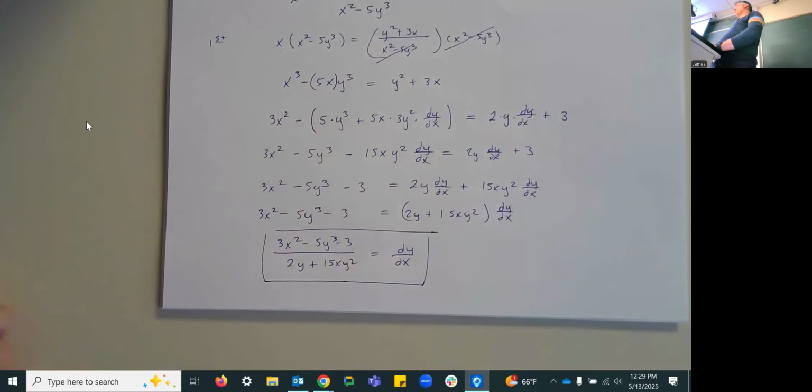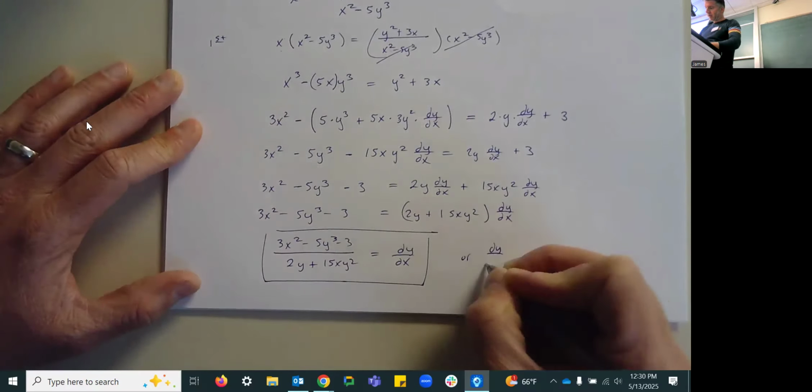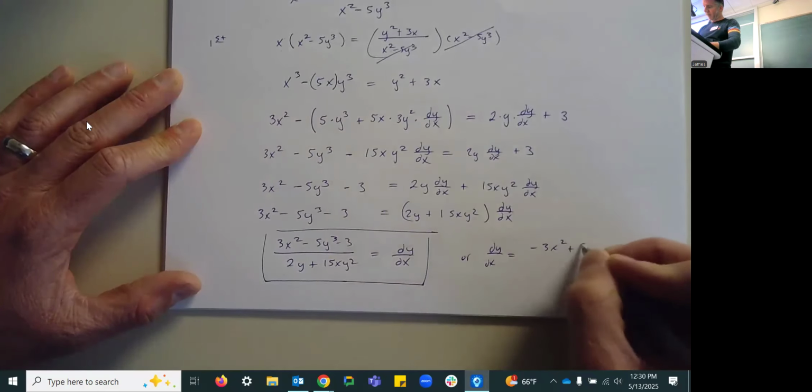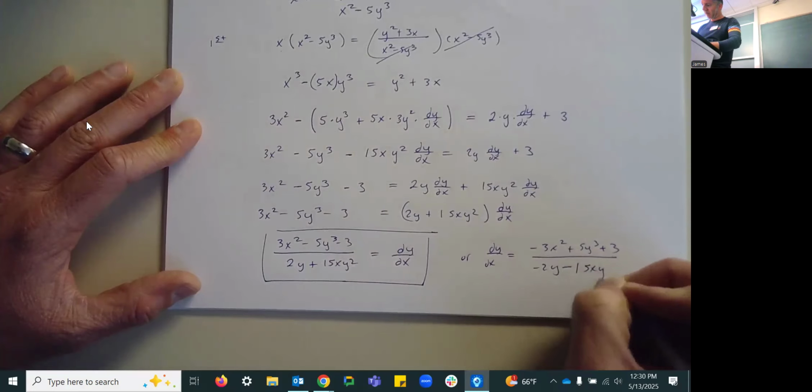Something worth noting here. If you had decided to bring your dy dx's to the left and the other stuff to the right, your answer would still be correct, but it would look slightly different. So if you went the other way, your answer would look like negative 3x squared plus 5y cubed plus 3 divided by negative 2y minus 15xy squared.